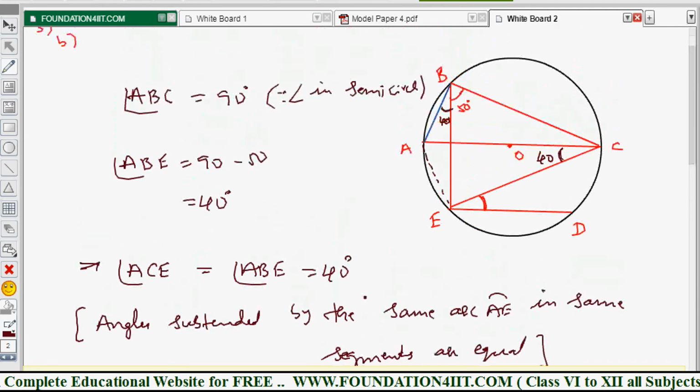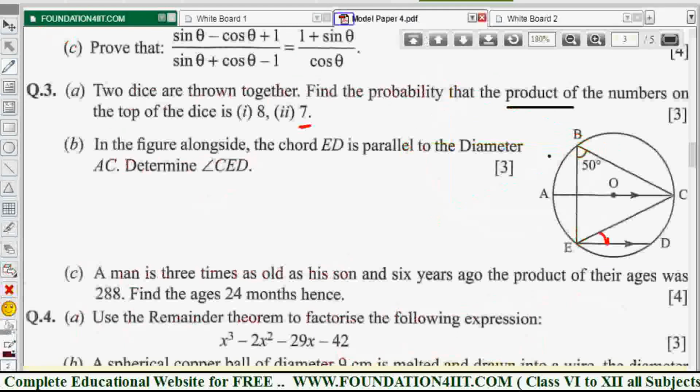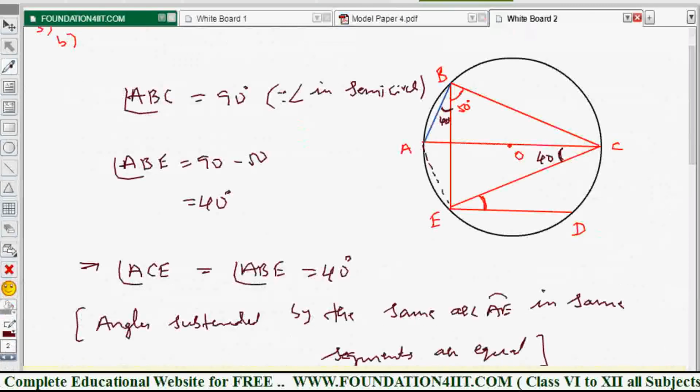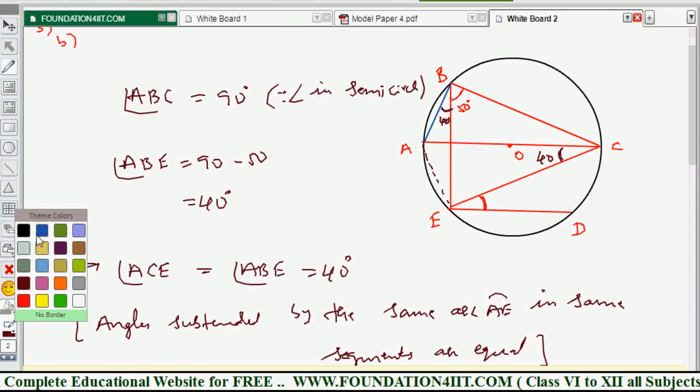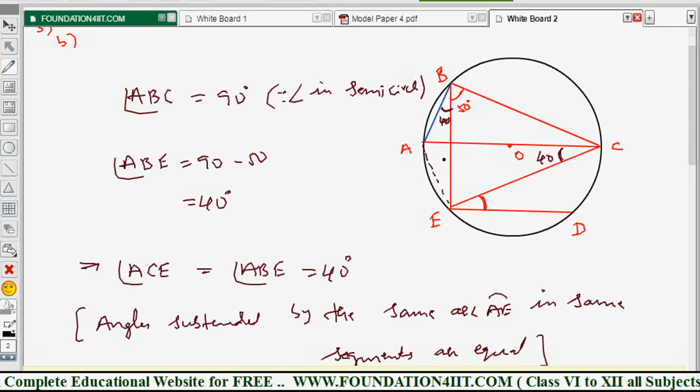Therefore, from the diagram, AC and ED are parallel lines. These both are parallel, and EC is the transversal. So alternate angles are equal. If it is 40, this also must be 40 degrees.